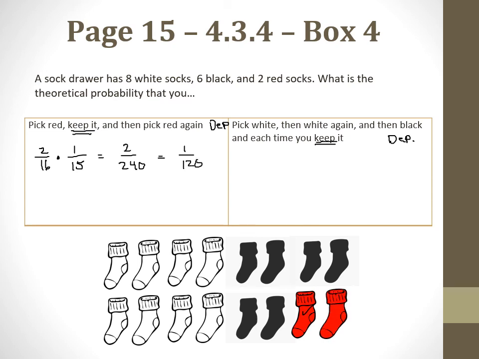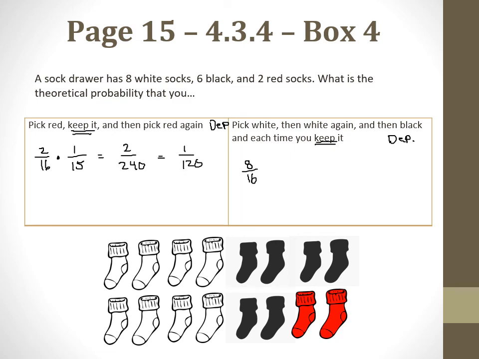And the last example, it's asking for the probability that you pick white, then white again, then black, and each time you keep it. So here we have 3 different events. We want the probability of picking white, times the probability of picking white again, times the probability of picking black. So with the original drawer, everything present, there are 8 white socks to choose out of 16 in the drawer.